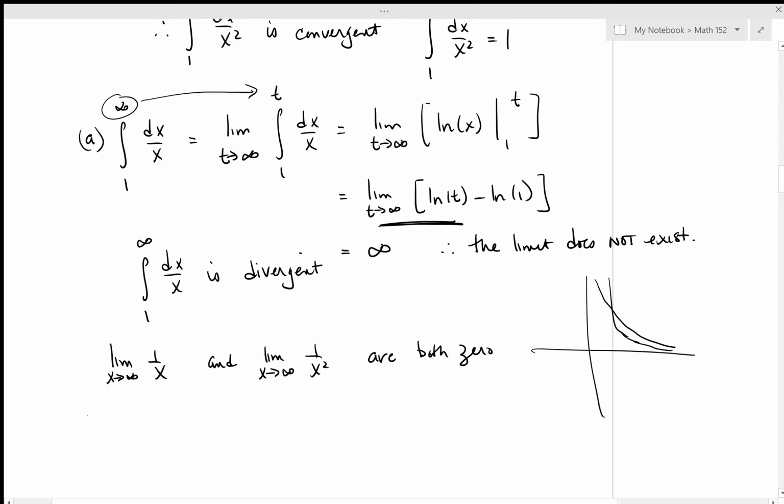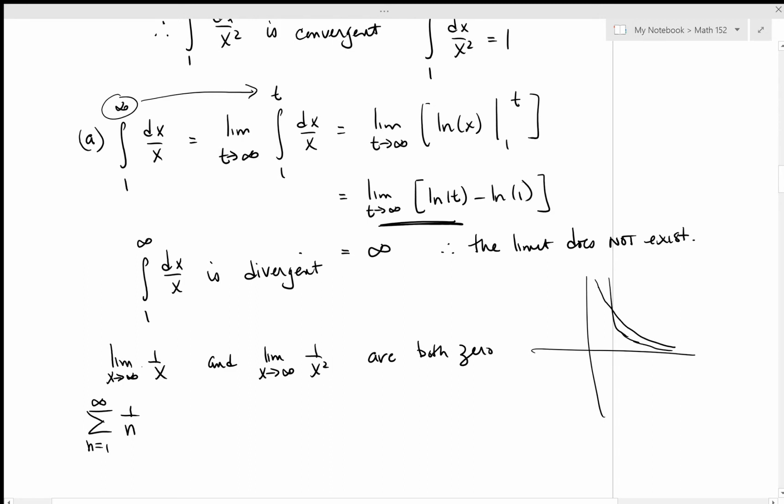Later in this course, as another preview, we're going to come to infinite sums. So we will see at that point, if I were to do a discrete sum, I would add up all the numbers, 1 plus a half plus a third plus a quarter, whatever.